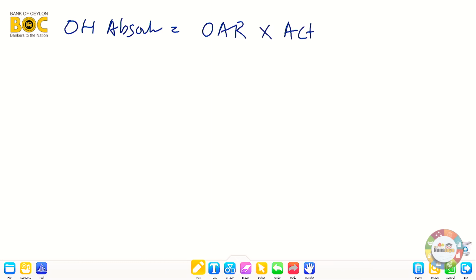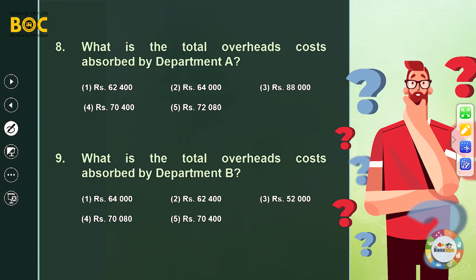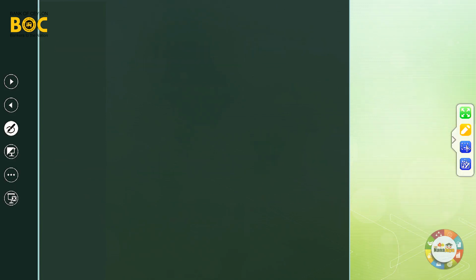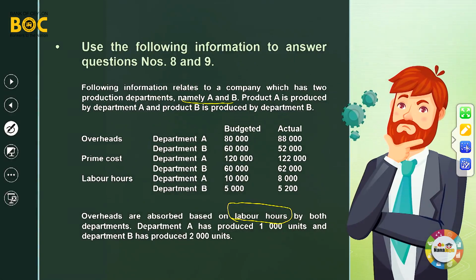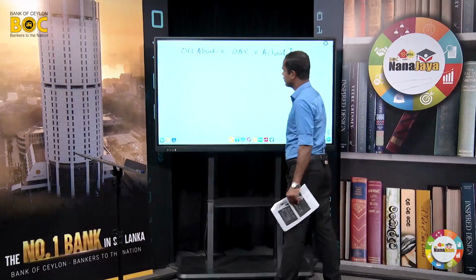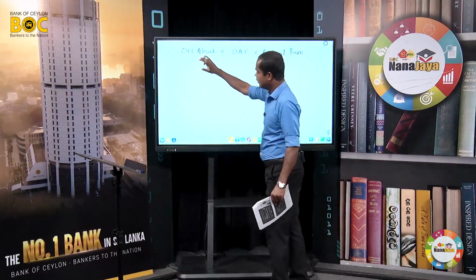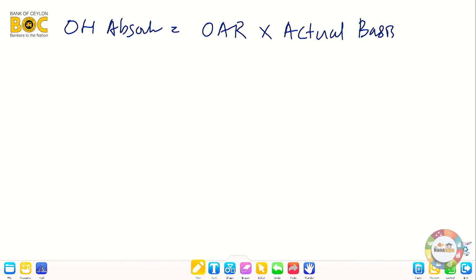The question states that overheads are absorbed by labor hours, so they use labor hours to absorb overhead. We calculate the overhead absorption rate, then overhead absorbed equals overhead absorption rate into actual basis.